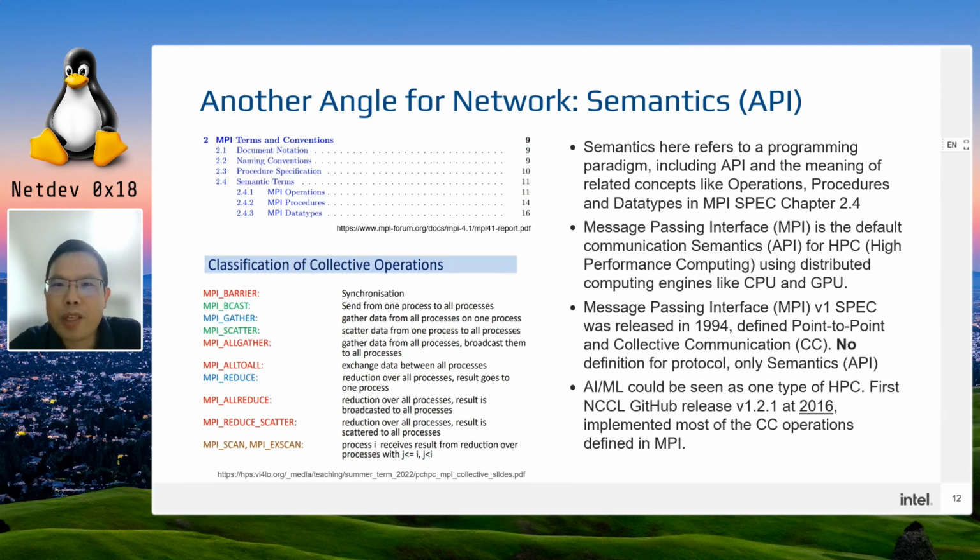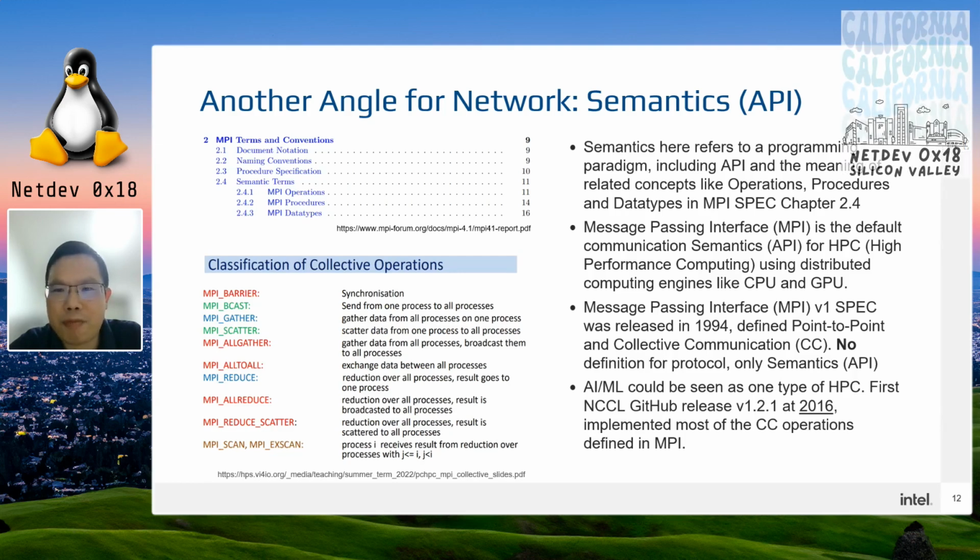And why do we use this as an example for the semantic? Because MPI is a communication layer for HPC, but the spec does not define a single protocol.